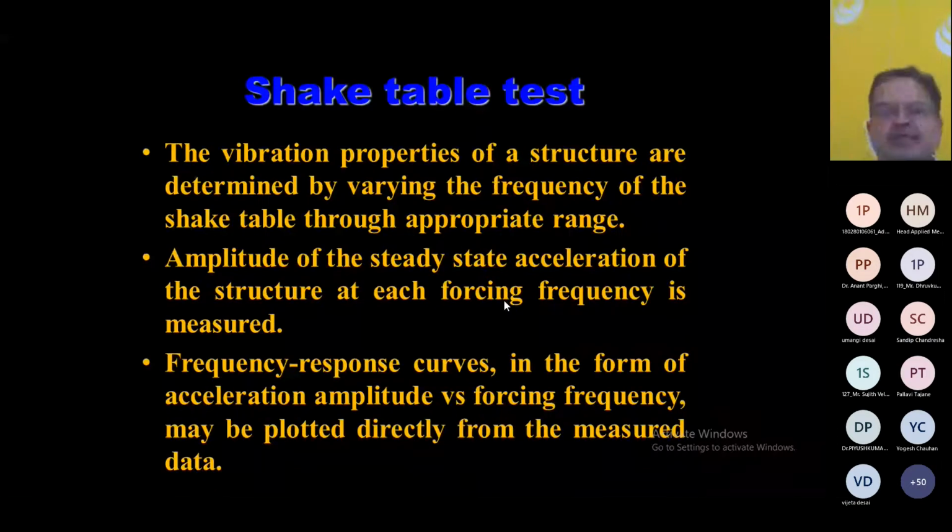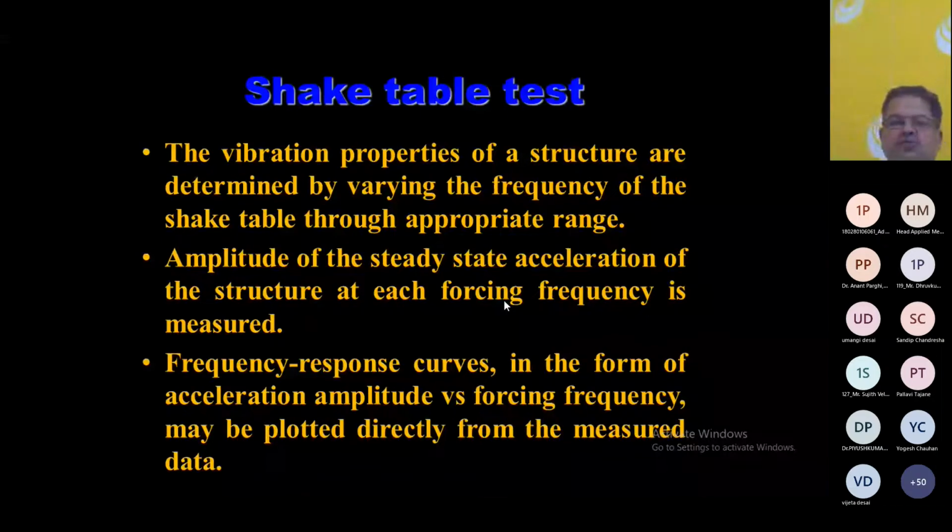Then we go to the shake table test. In the shake table test, the vibration properties of the structures are determined by varying the frequency of the shake table through the appropriate range. On the shake table we can apply random motion, or the same type of motion or harmonic motion, even for a longer time. It depends.